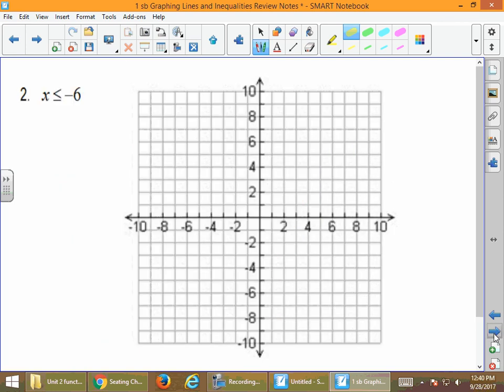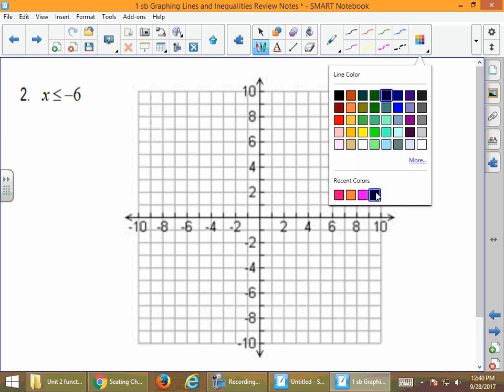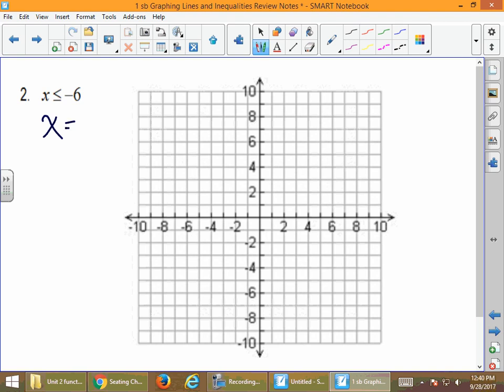If we look at the next one here, x is less than or equal to -6. When we draw this picture, I think of it as x equals -6, which I'm going to put in parentheses. Is this a horizontal or is it a vertical line? And it is a vertical line. Here's -6. It's going to be a solid line because there's an equal in the problem.